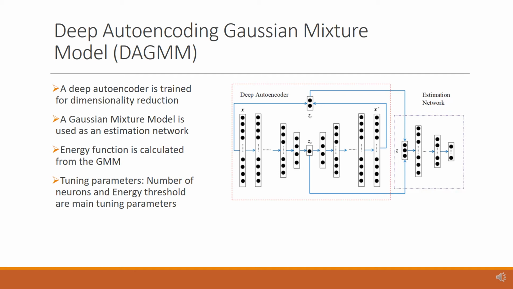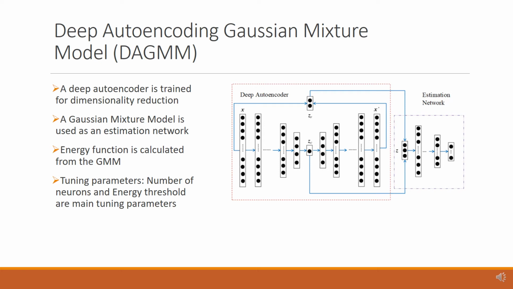So here, deep autoencoder helps us to reduce the data. After deep autoencoder is implemented to data, the output of deep autoencoder is fed to basically some Gaussian mixer model, and then the Gaussian mixer model will give the likelihood, and based on the likelihood we build some energy function, and we have some energy threshold.